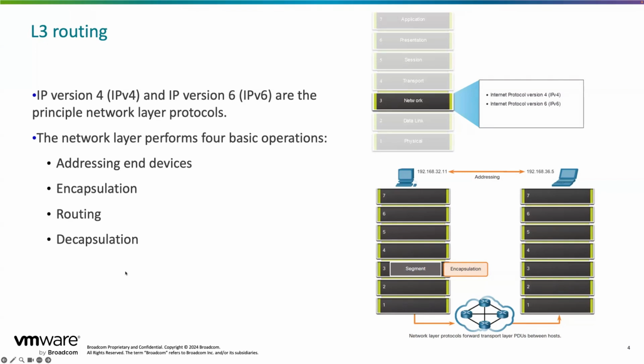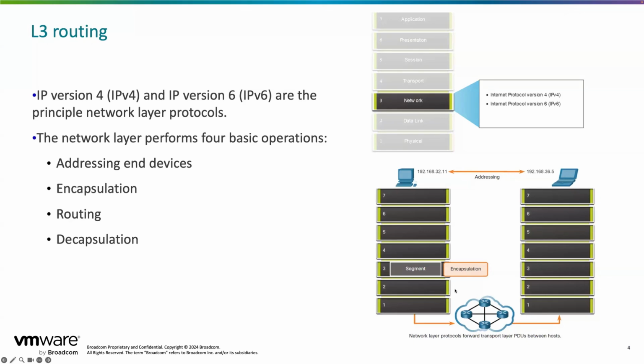Encapsulation and decapsulation mean that we have our real data from layer 4 or an upper layer. We encapsulate the real data by adding the IP header, and then we throw this packet to a lower layer.